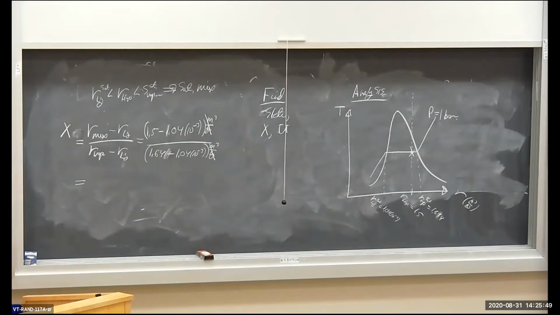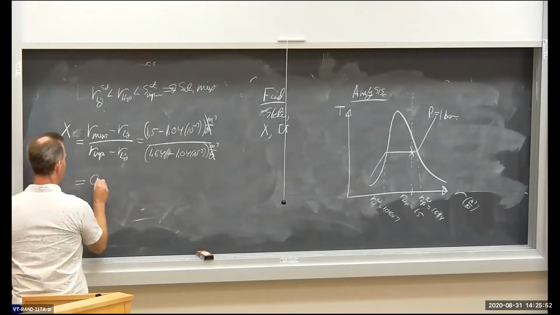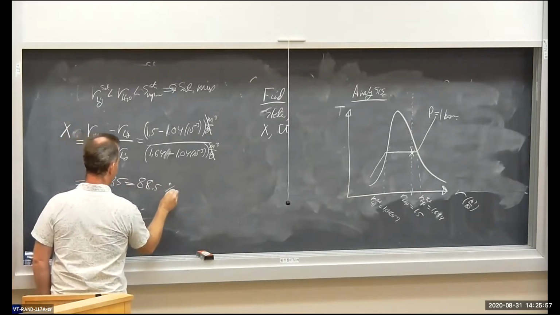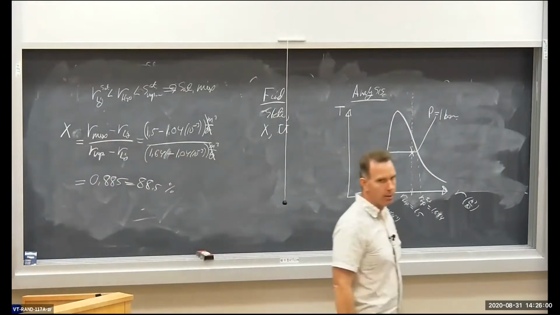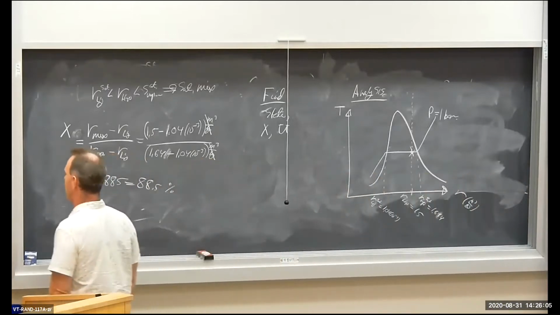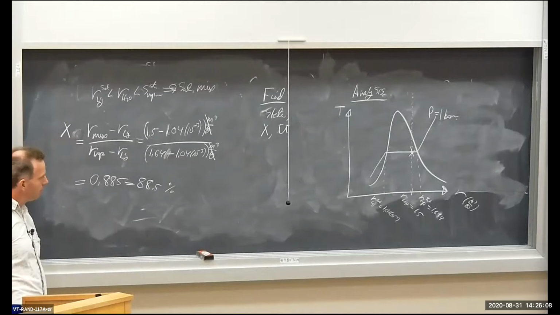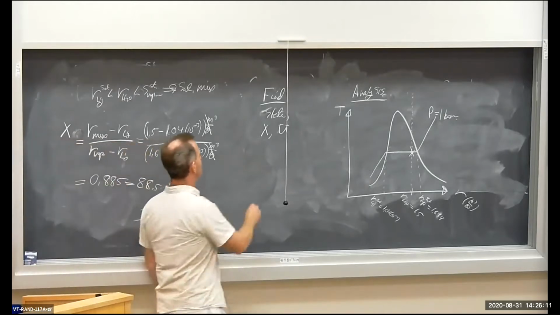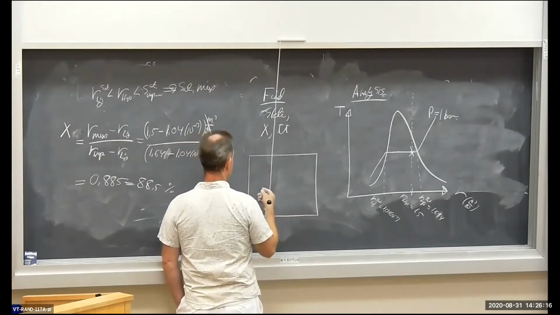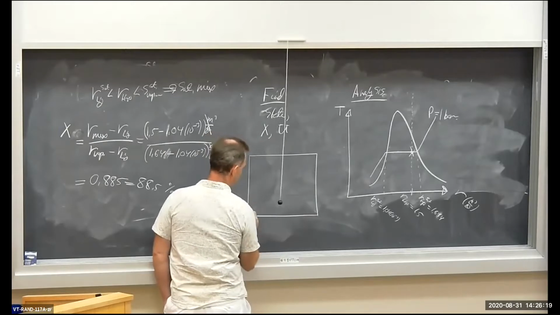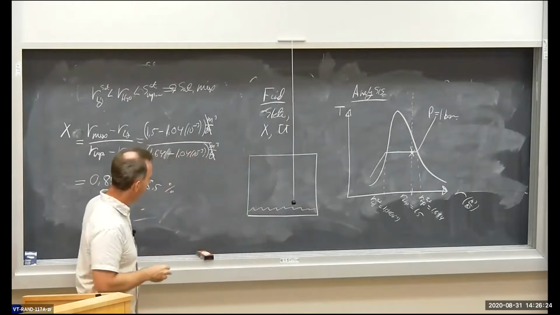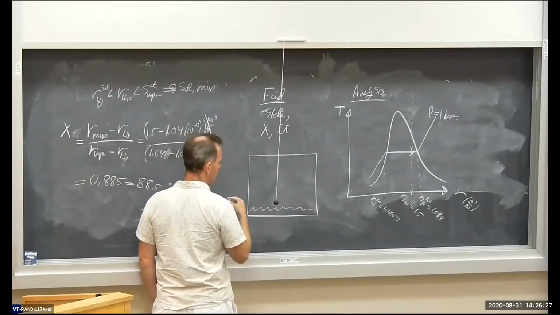And I get a quality of 88%, or 0.885, or if you like, 88.5%. By mass, the vapor is equal to 88% of the mixture. 88% of the mixture by mass is vapor, saturated vapor. So here we have by volume, almost all of it is vapor, but by mass, 88% of it is vapor.